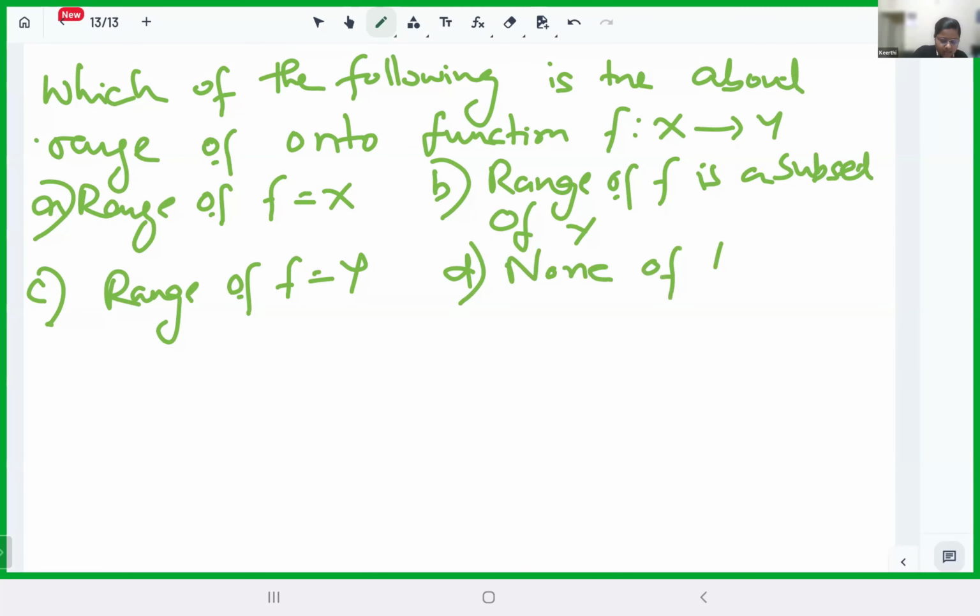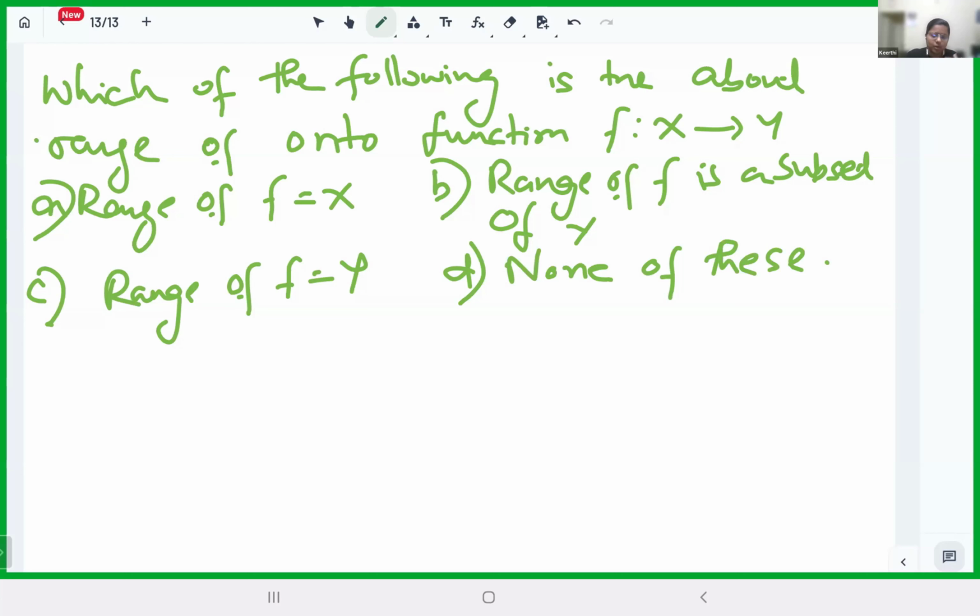All right, so they are asking about the basic property of an onto function. f from X to Y is an onto function. So what can you say about the range of an onto function? If you properly know the definition of an onto function, then it is very easy.